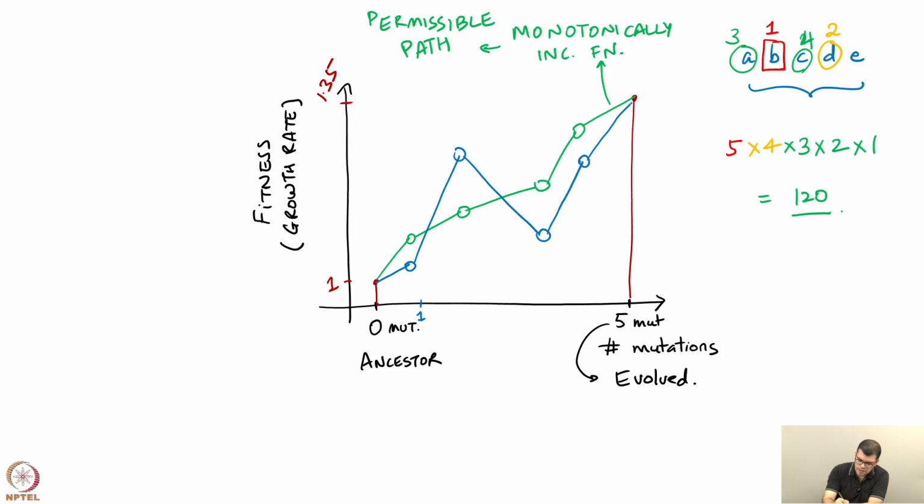In this case, after acquisition of the second mutation, the third mutation when it happened was deleterious because it led to a decrease in fitness. This is a path which has a local peak, and hence it is non-permissible in a Darwinian sense.